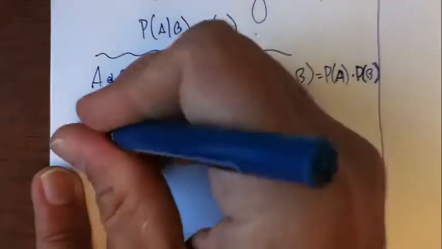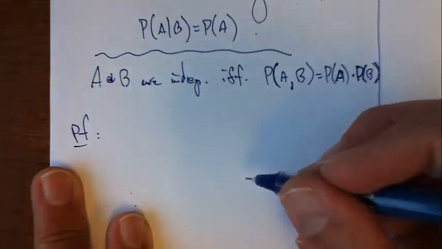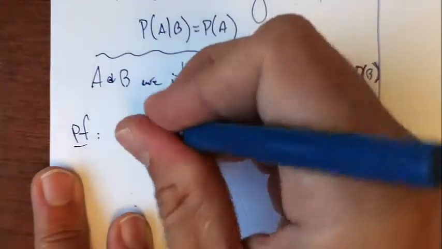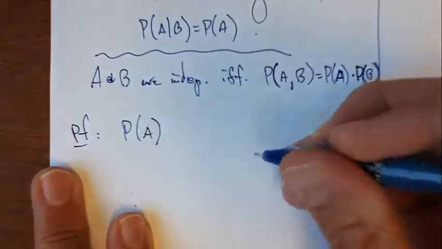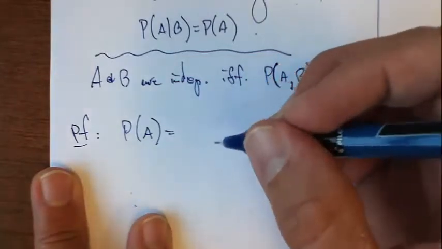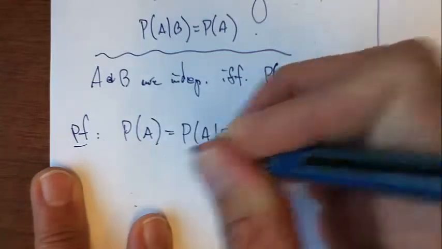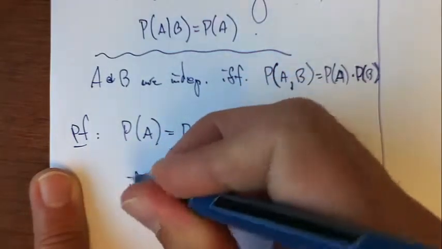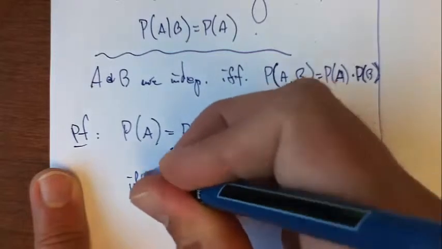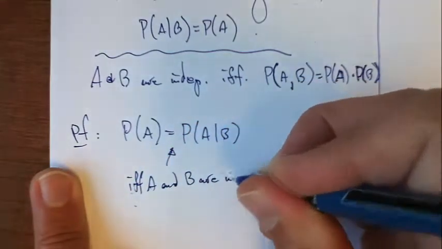So here is the proof. The probability of A I can write as the probability of A given B. This is if and only if A and B are independent, right?